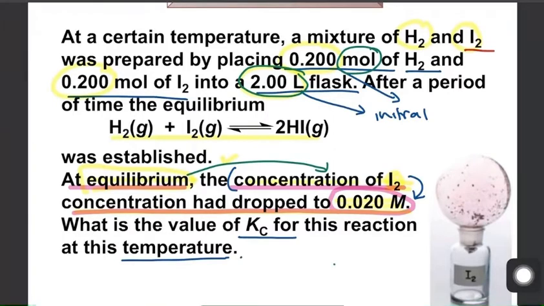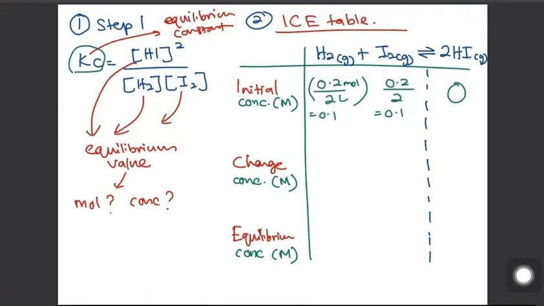So for that, what we have to do is, in maths, if you don't know something, what would you do? You would put an unknown. Same thing here, I'm going to put an unknown. Before that, you have to understand that the change you expect for a reactant will be a negative change. Why?